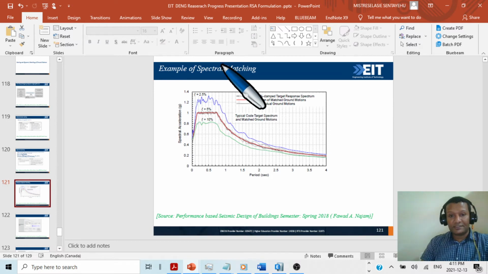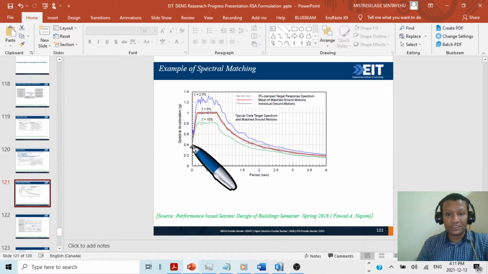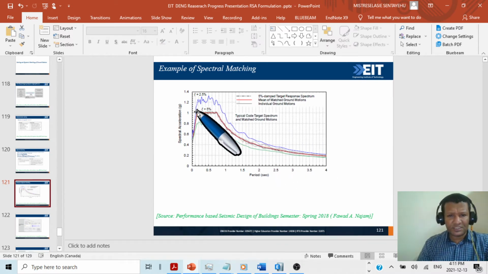Okay, this is some example. For example, you have the mean matched ground motion, individual ground motions, and the 5% target response spectrum. Our target response spectrum is directly in the red part.